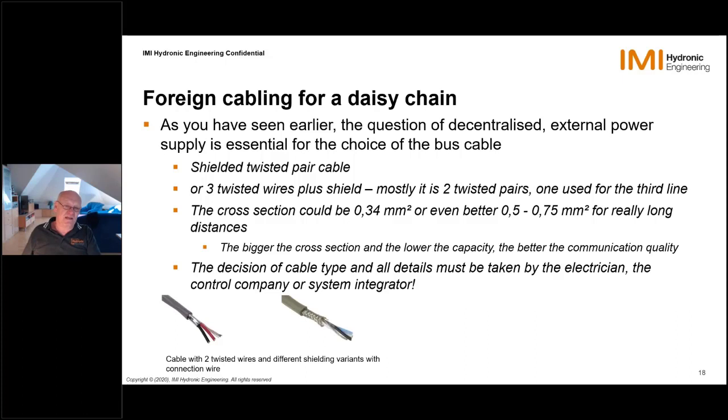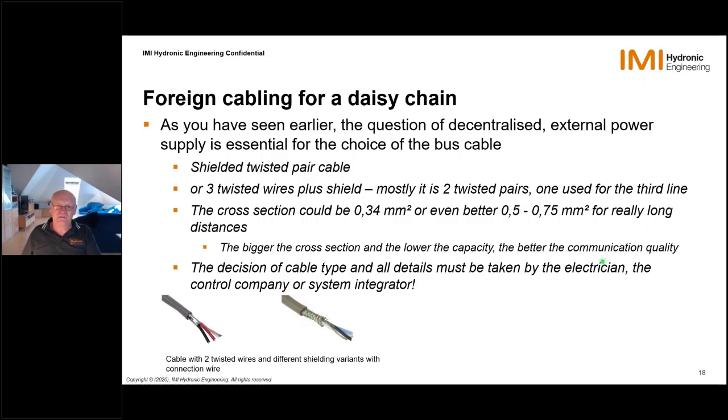To give you some impressions, these both cables are twisted pair cables and have a shielding on, but the difference is that here it's an aluminium layer, and here it's a copper mesh which is covered either by tin or by silver, depending on the quality.